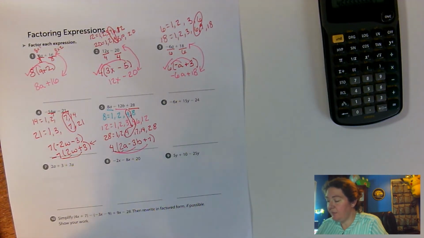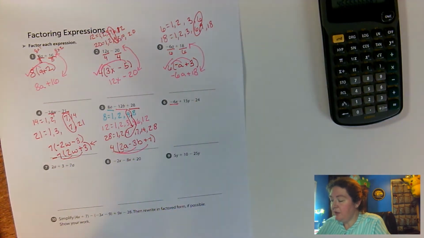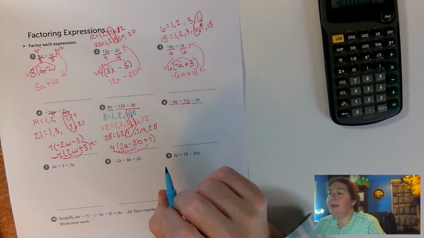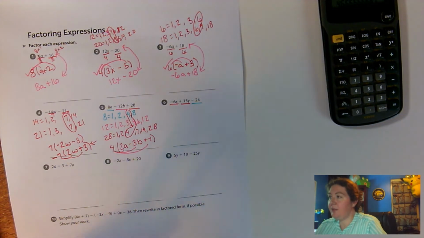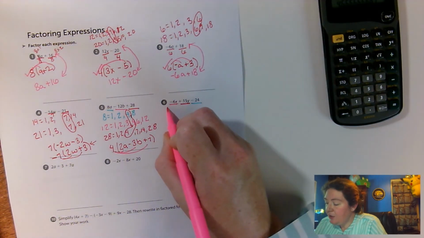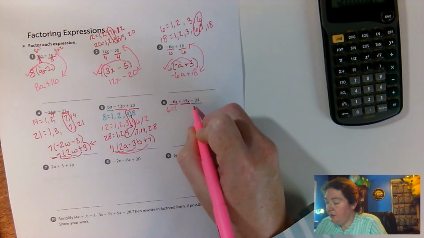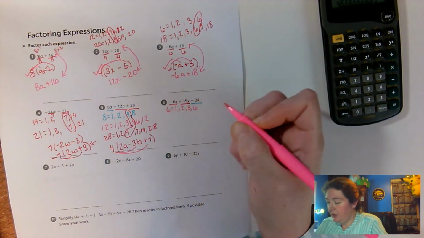Number 6. Again, I notice I have an X family, a Y family, and a plain Jane family. Can I combine those? No, I cannot, because they're all different families. I need to know my factors of 6. I've got 1 and 6, 2 and 3.